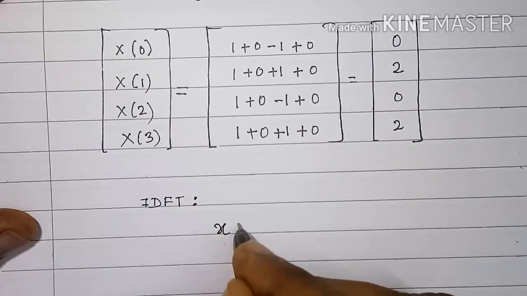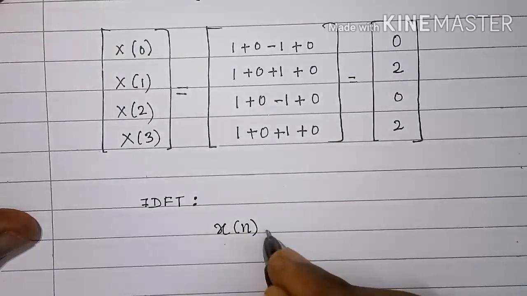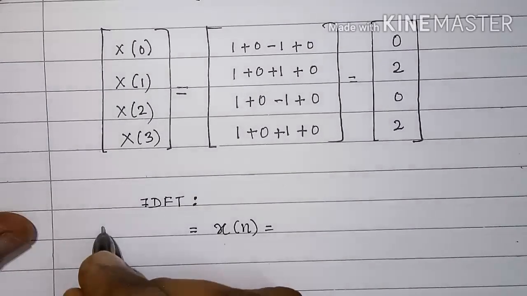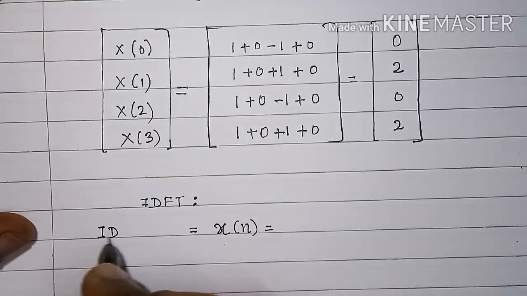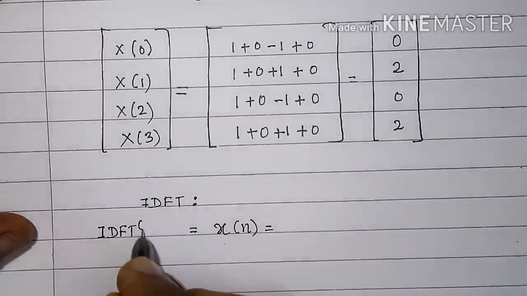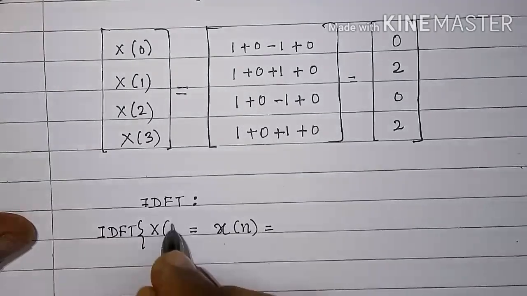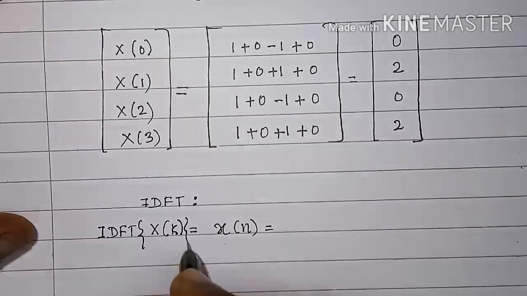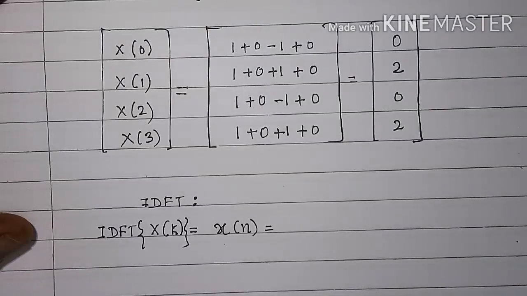We know that x of n is the IDFT of X of k.